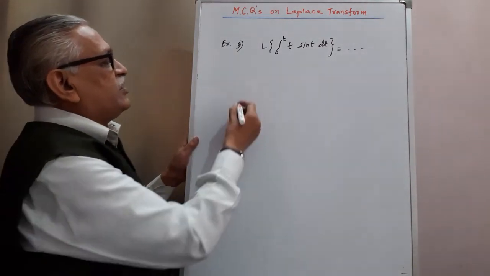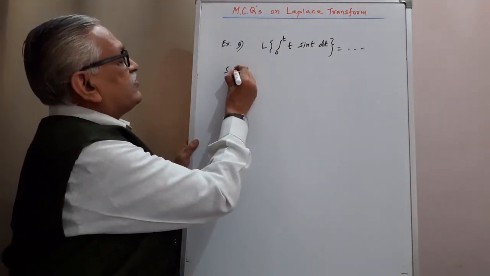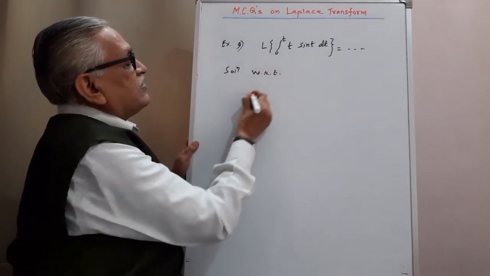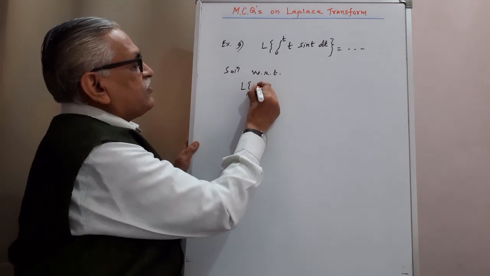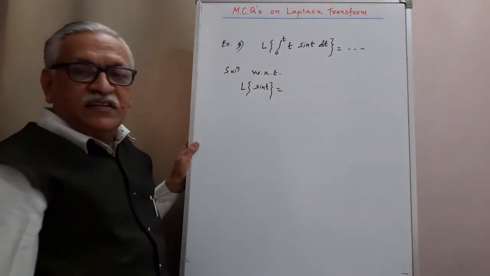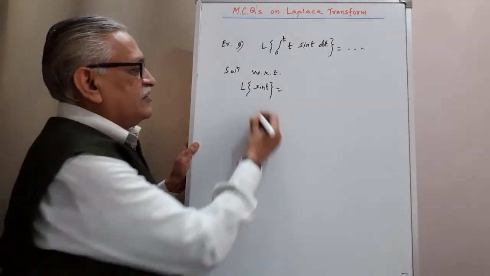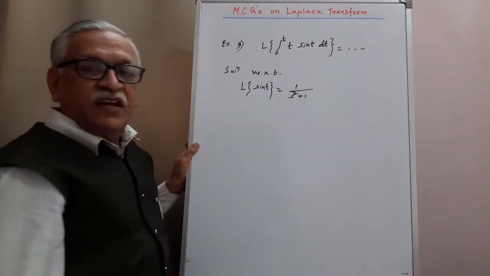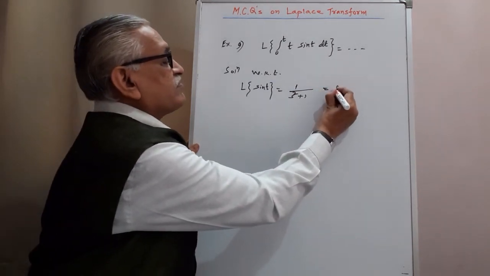Therefore, applying those two theorems, we know that the Laplace transform of sin t, a standard Laplace transform result, is 1 upon s square plus a square, where a is 1, and we call this f bar of s.